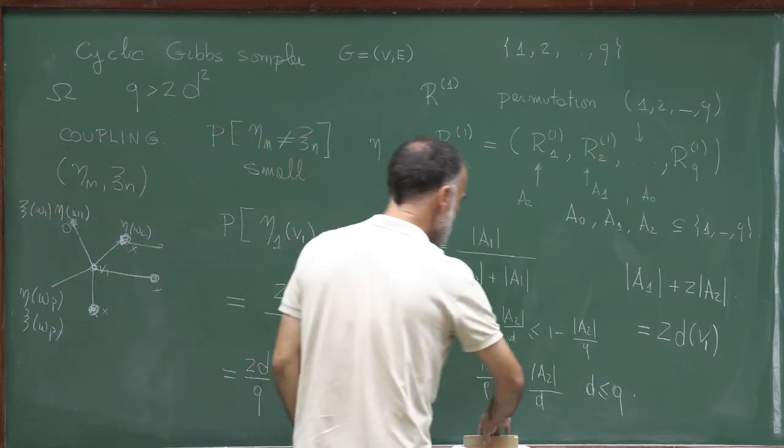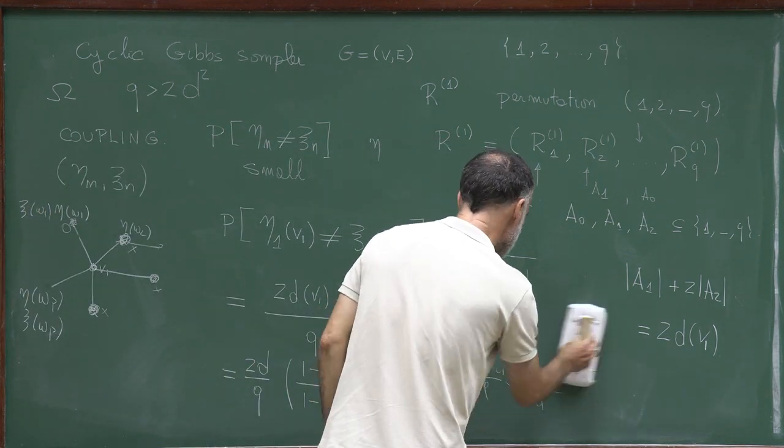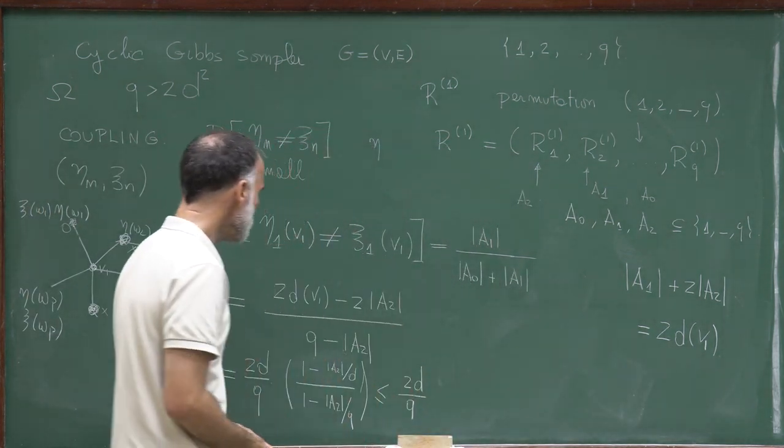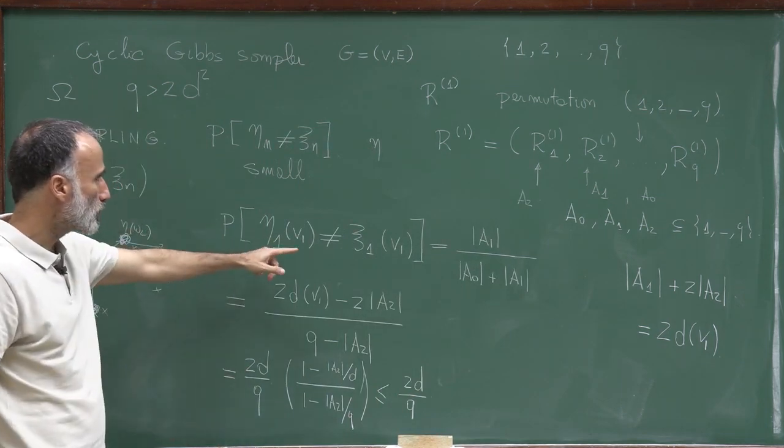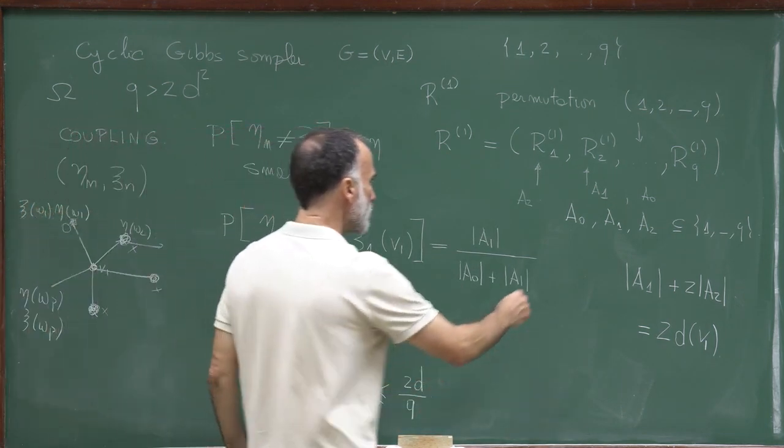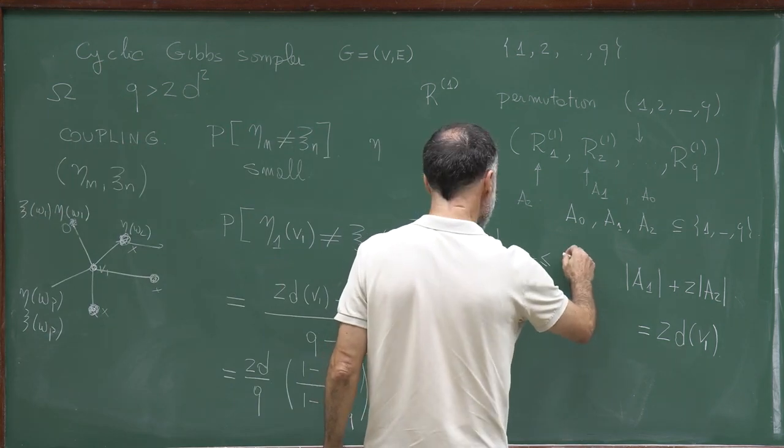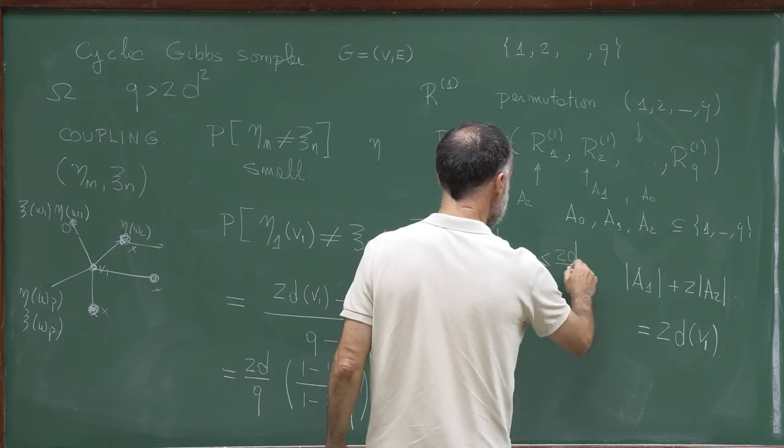So we proved the following bound: the update will fail with a probability which is bounded by 2D divided by Q.